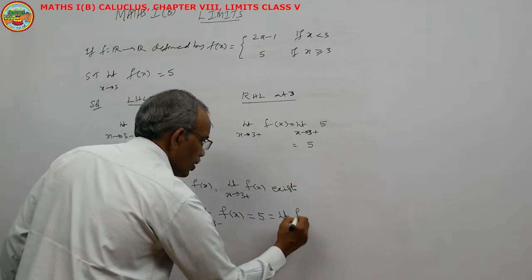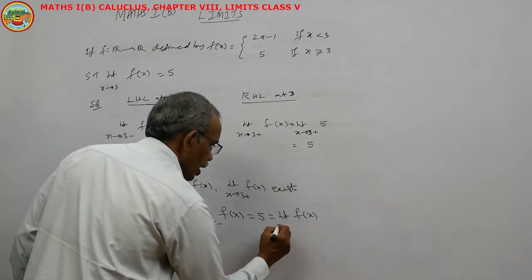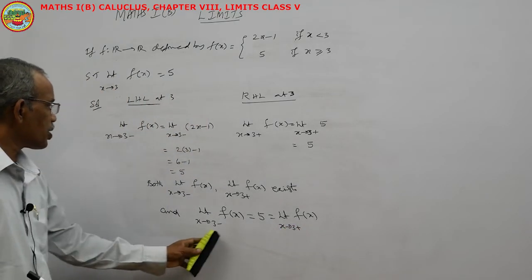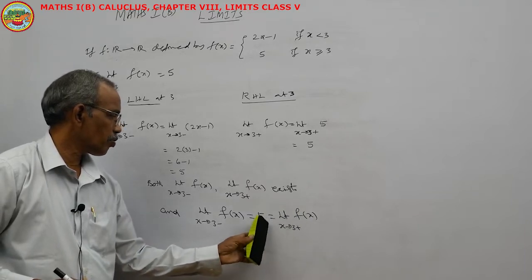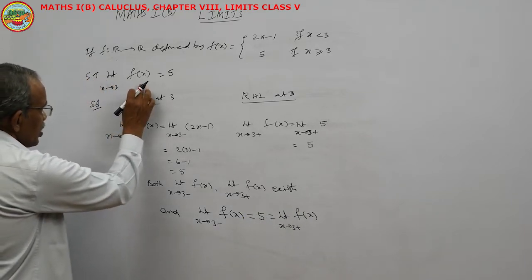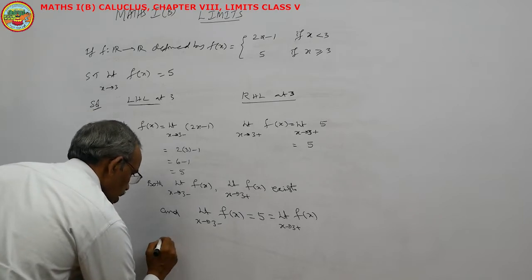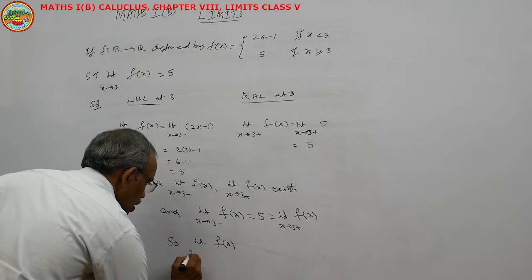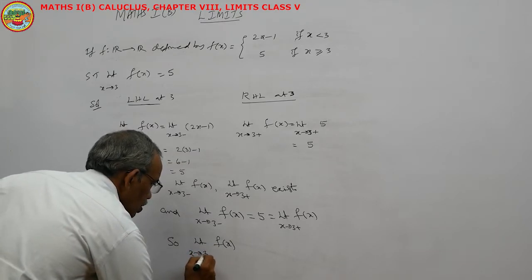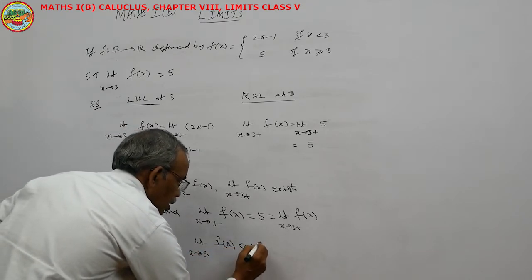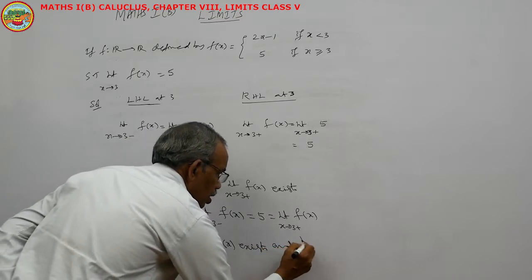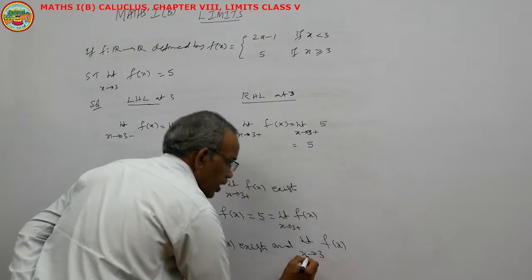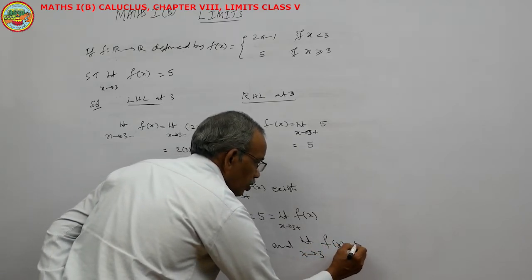This is equal to the limit of f of x as x tends to 3 plus. Left hand limit is equal to 5 and right hand limit is equal to 5. Therefore the limit exists at x equal to 3, so the limit of f of x as x tends to 3 exists and the limit of f of x at x equal to 3 is equal to 5.